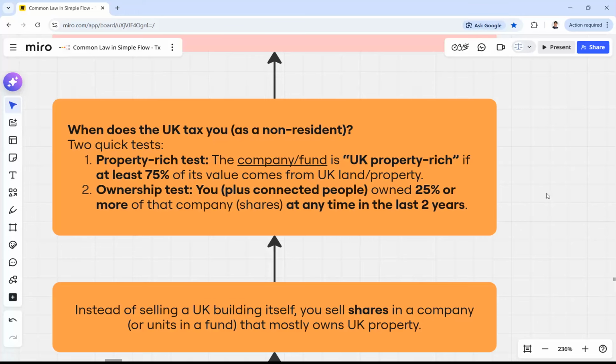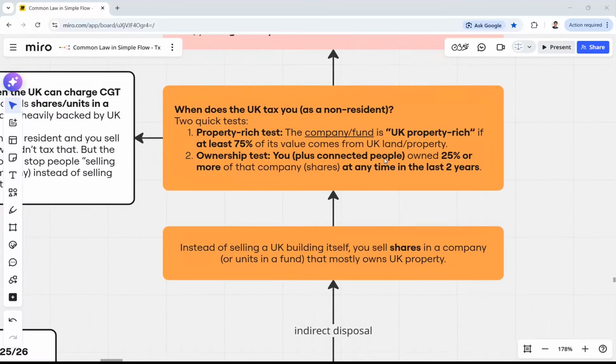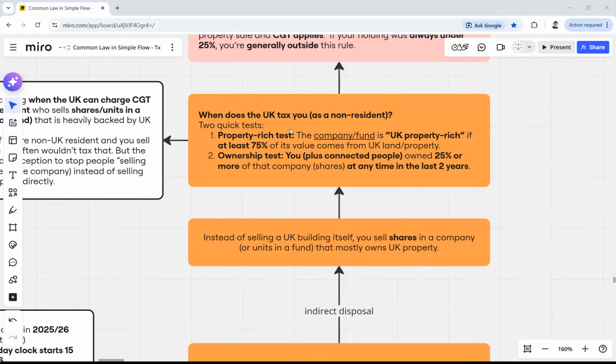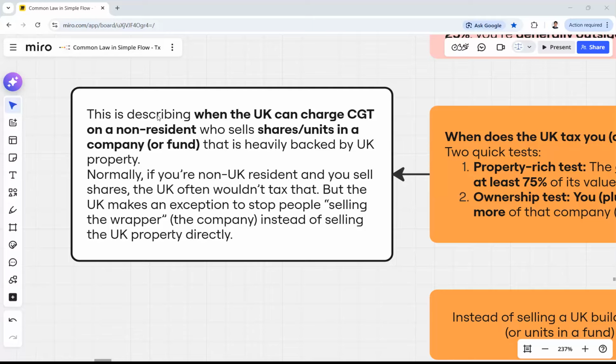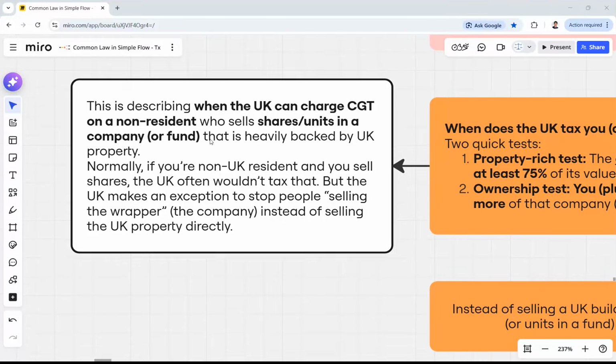So why is this relevant? Because when you are selling shares of a company, you will get taxed. So let's pause for a while and understand what this is about. This describes when the UK can charge CGT on a non-resident who sells shares or units in a company or fund that is heavily backed by UK property.